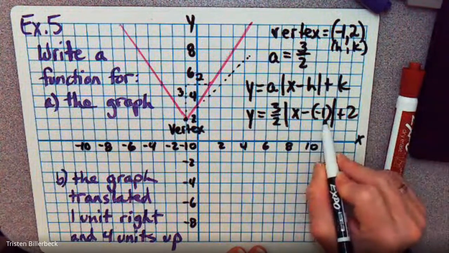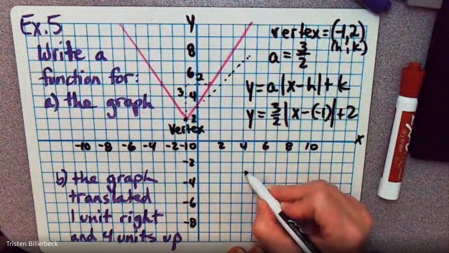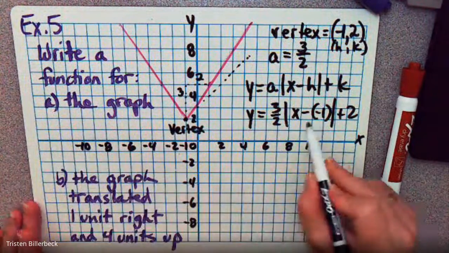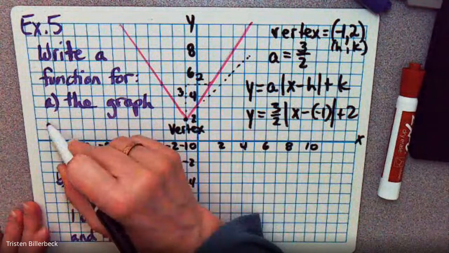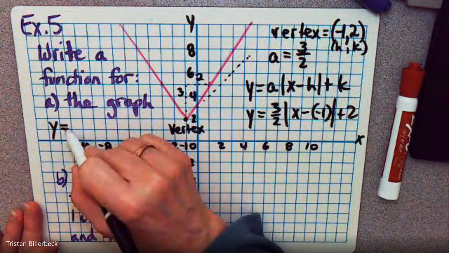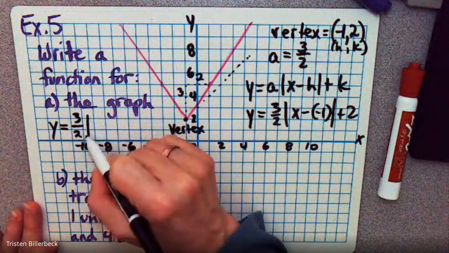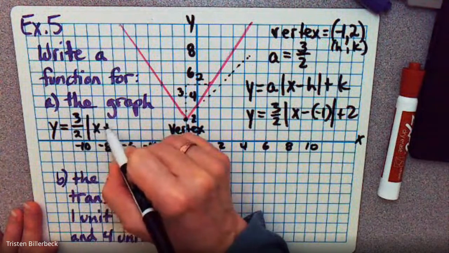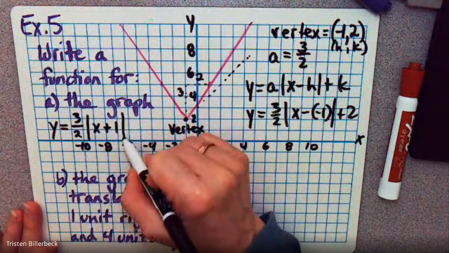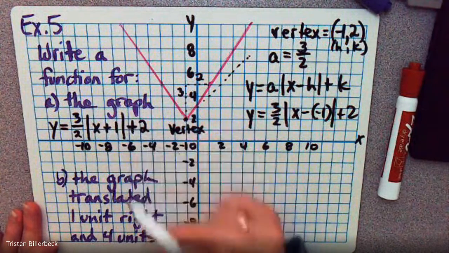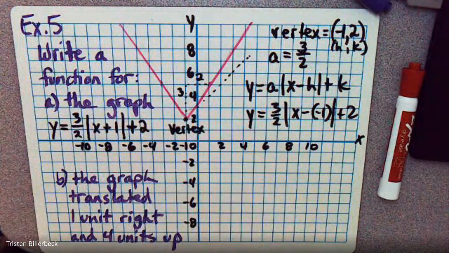But minus a negative makes a positive, so our final equation will be with a positive. So we're going to write y equals 3/2 the absolute value of x plus 1, and then plus 2. So that would be that function right there.